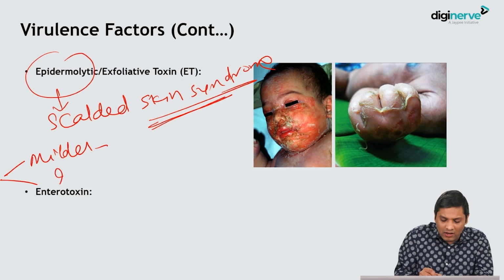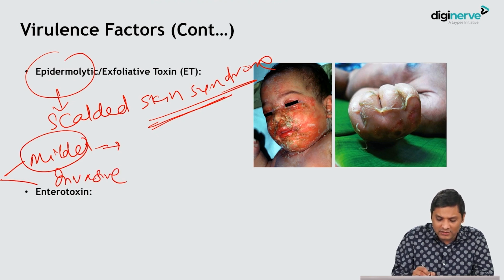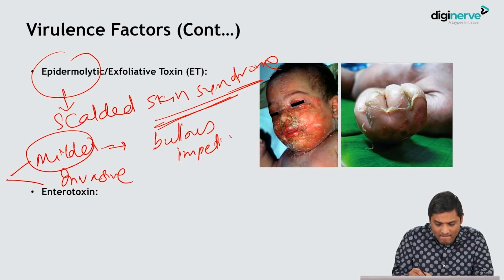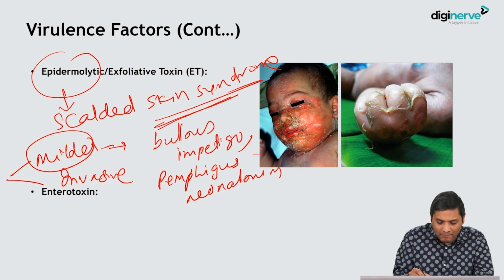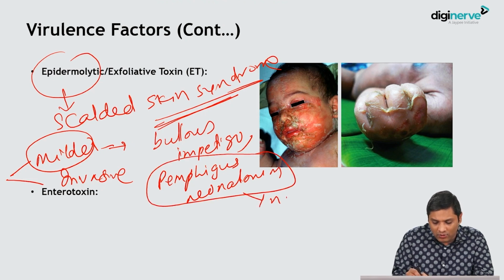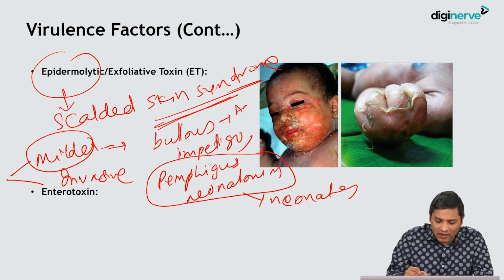It can also occur in a more invasive form. The milder forms are called bullous impetigo and pemphigus neonatorum. Pemphigus neonatorum occurs in neonates. Bullous impetigo may occur in adults.